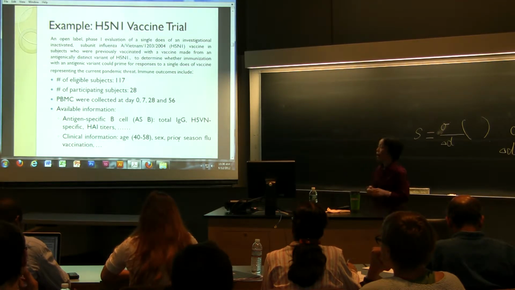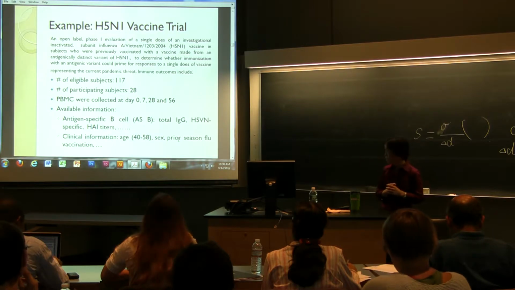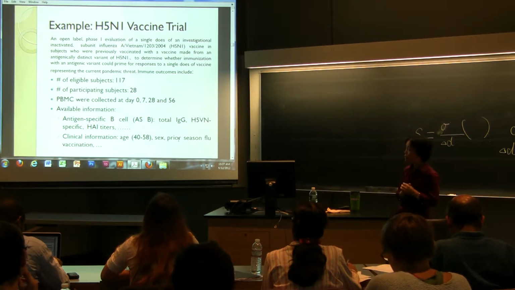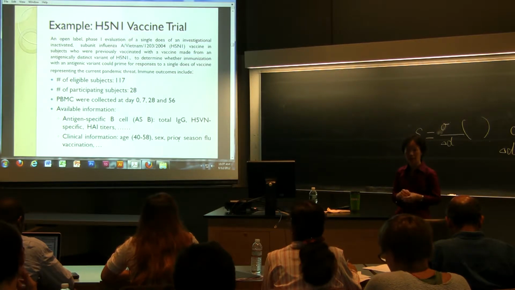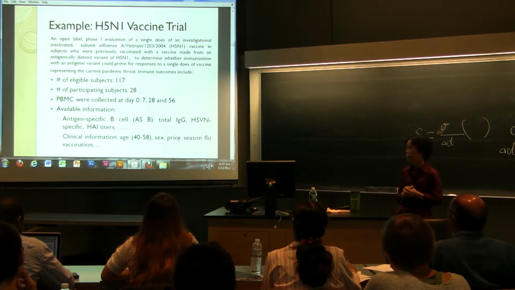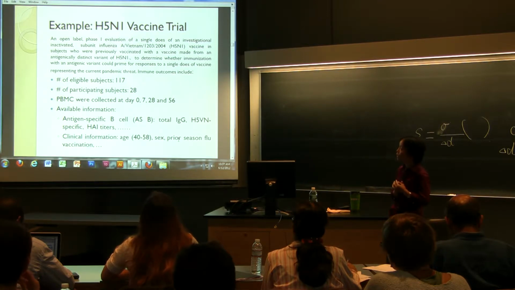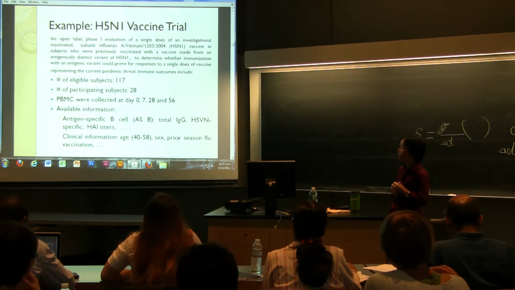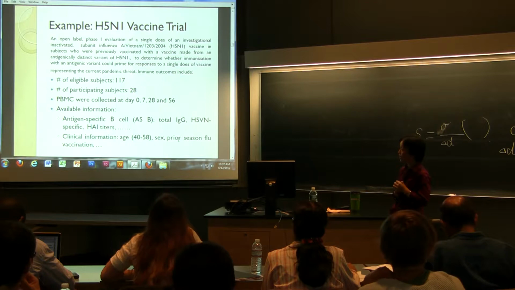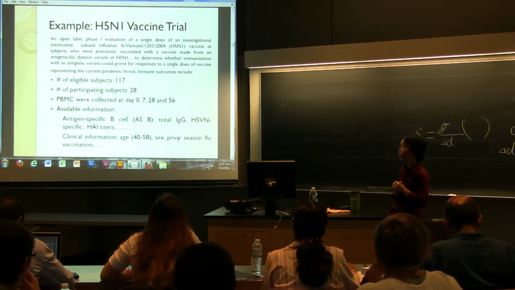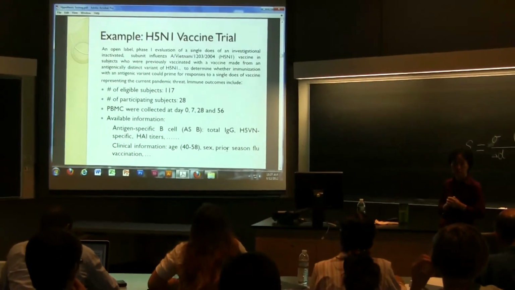Here is an example I briefly mentioned previously. I'm going to use this example to show you how we can do hypothesis tests like the t-test, F-test, and chi-square test. As I mentioned, this is for an H5N1 vaccine trial study. The data we collect: we have PBMC collected at day 0, 7, 28, and 56.